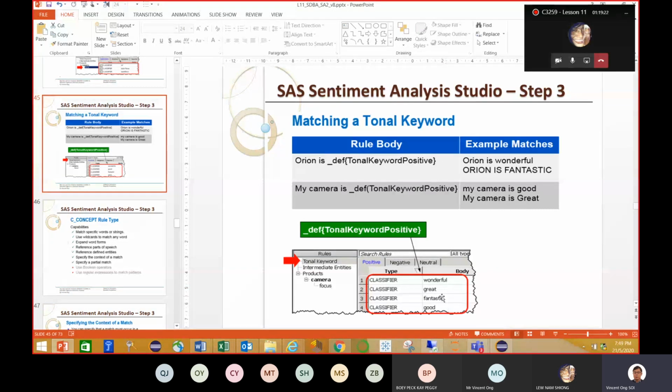So if I have a sentence like, Orion is fantastic or wonderful or good, then this pattern will be positive, right? Any question? The keyword weight also is set at default 1. Yeah, you start with default one.